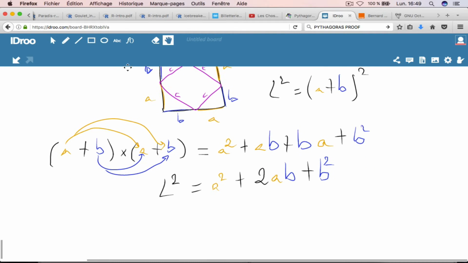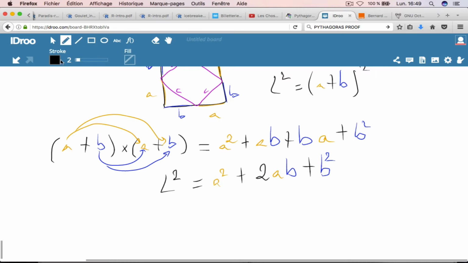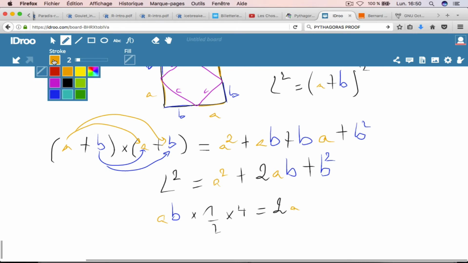So we've got A times B multiplied by half and multiplied by 4, which is equal to 2AB.